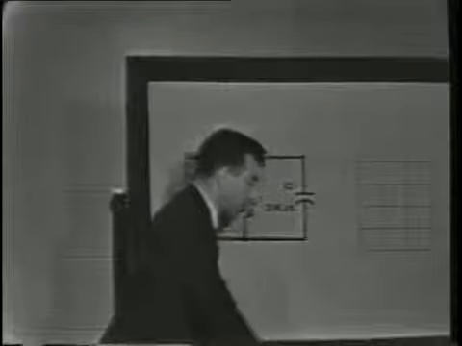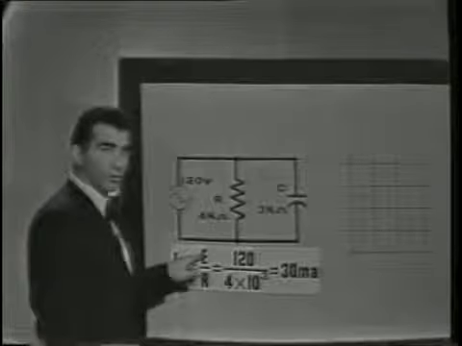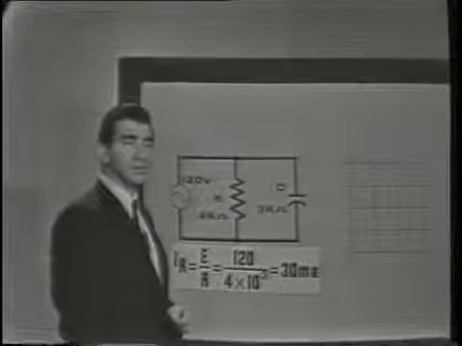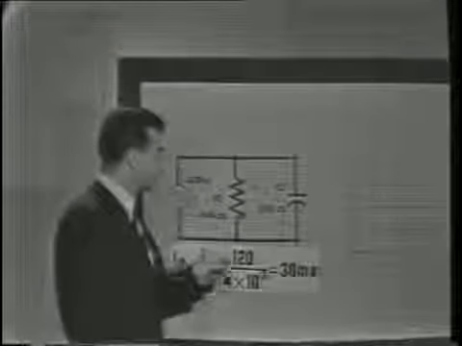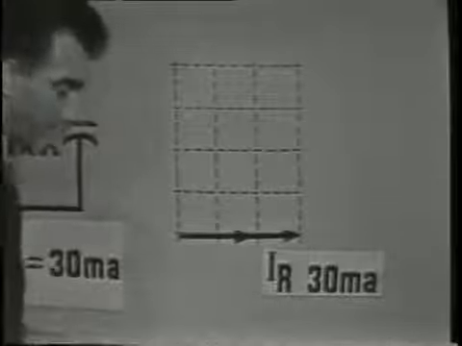For example, IR may be found by dividing the resistance into the voltage, or 120 volts over 4 k ohms gives us a total current through the resistive leg of the circuit of 30 milliamps. Thus, the vector for IR will show the value of 30 milliamps on our graph, and also the 30 milliamps of resistive current must be shown in phase with EA, since the resistor does not introduce a phase shift.